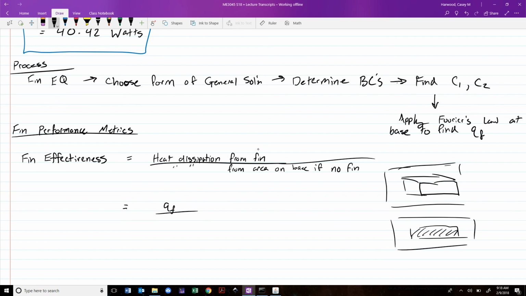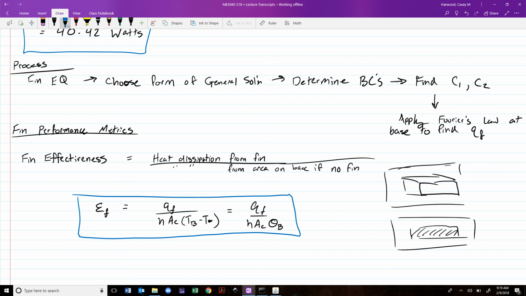So this works out to h times the cross-sectional area of the fin times theta_b. That's just Newton's law of cooling. This also works out to Q_f over h A_c theta_b. And this we give the variable name epsilon_f. So this is how we calculate the fin effectiveness.